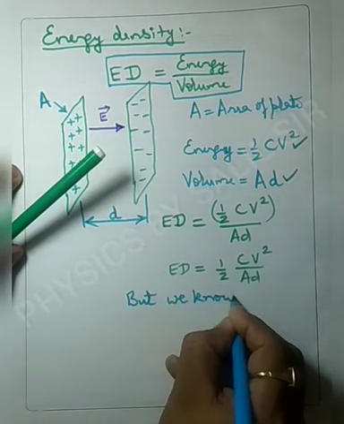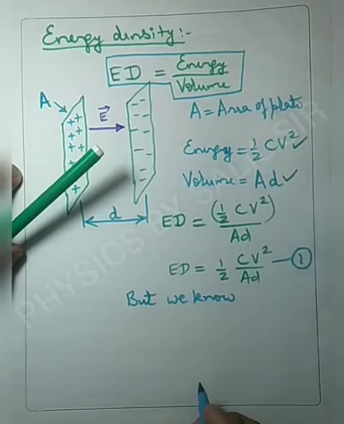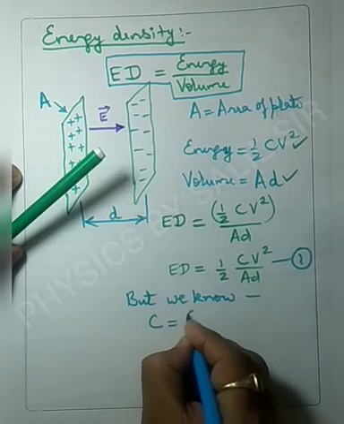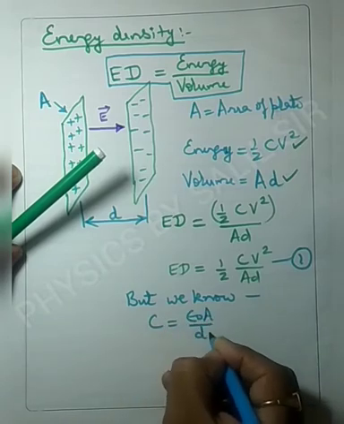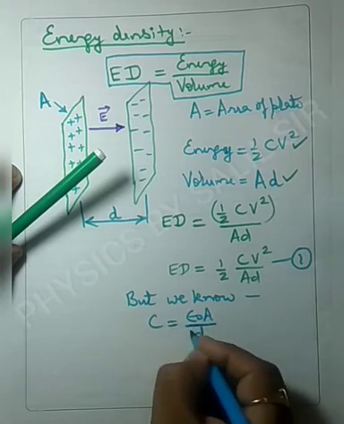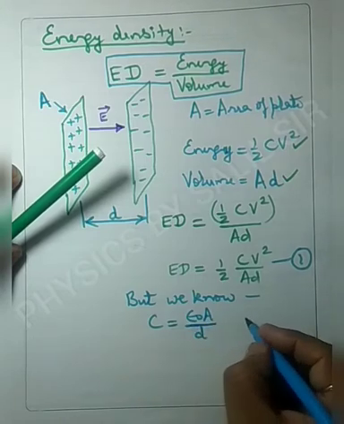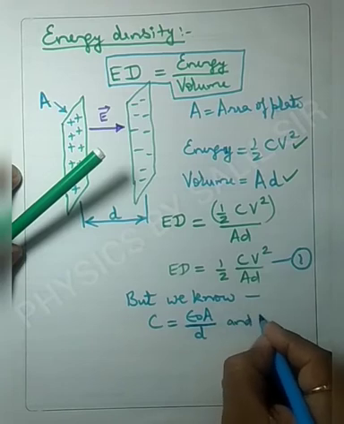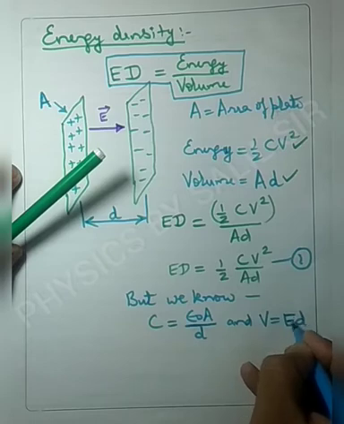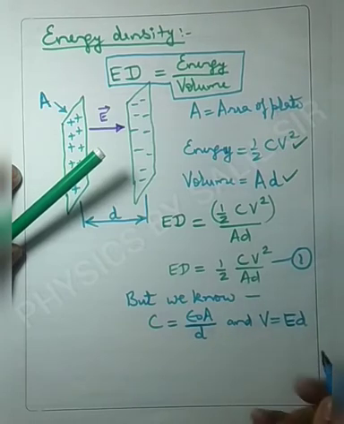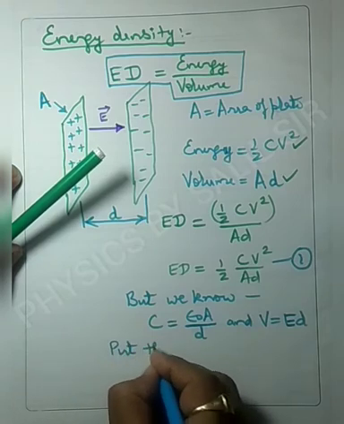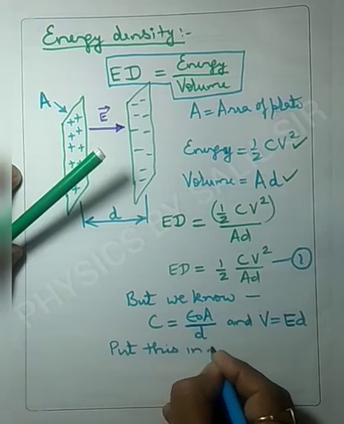Suppose this is equation number 1. But we know that C is equal to epsilon naught A upon D, the capacitance of a parallel plate capacitor when there is air or vacuum between its plates, and we know that V is equal to ED. These both we know, and now put this in equation number 1.